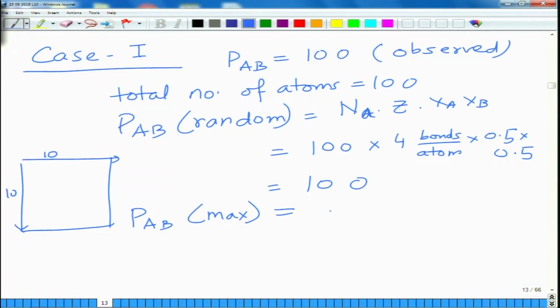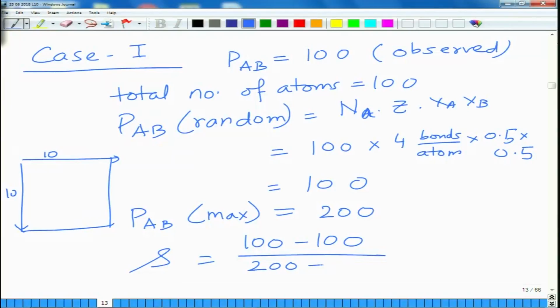As a result, PAB max is 200. So, this small s in this case will be equal to 100 minus 100 divided by 200 minus 100. This will be equal to 0. So, which means it is a completely random solid solution, a disordered solid solution.